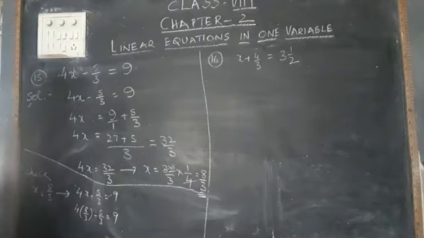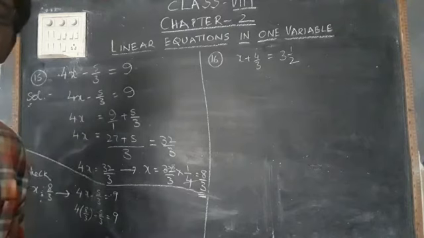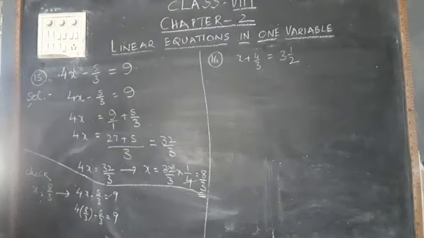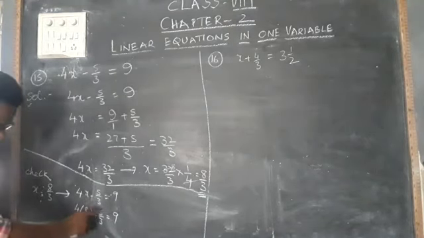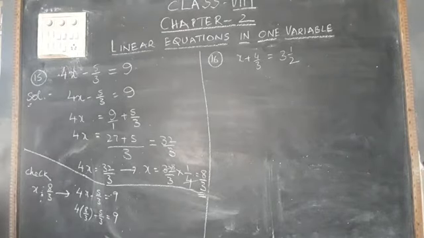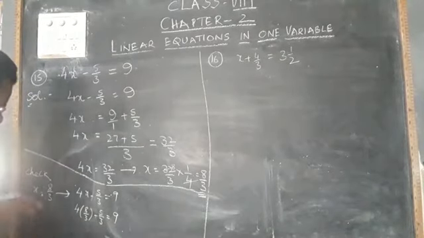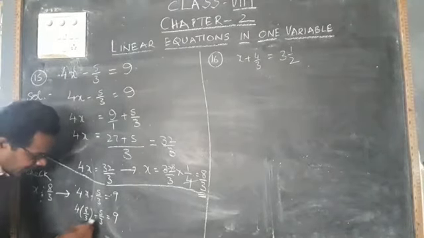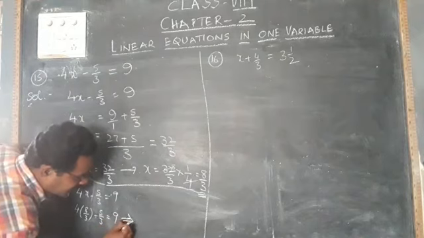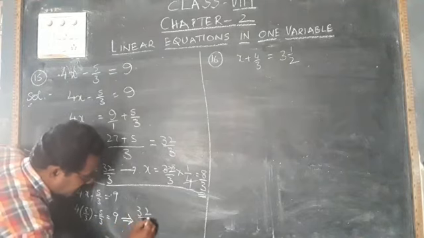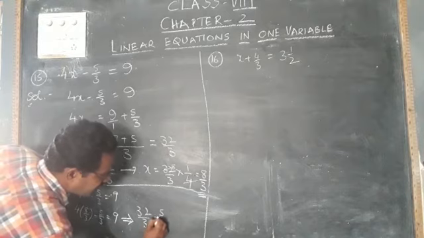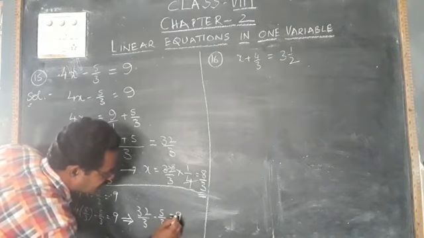Understand? 4 into 8 by 3 is 32 by 3, minus 5 by 3 is equal to 9.